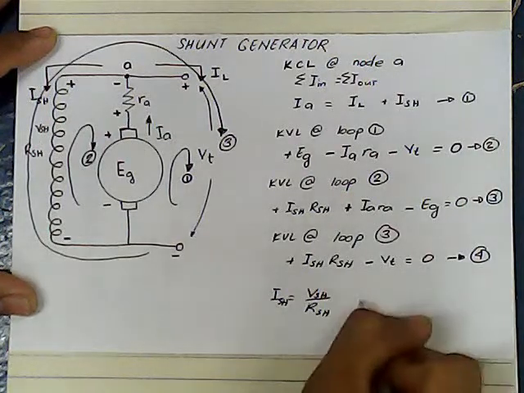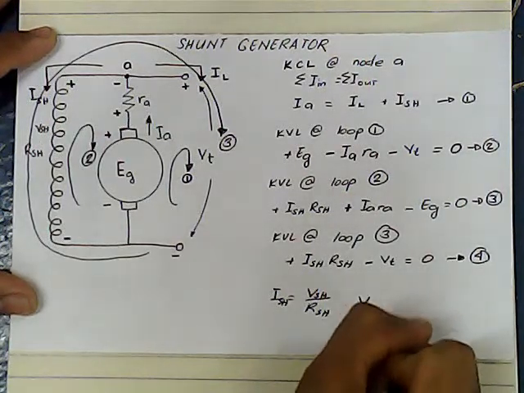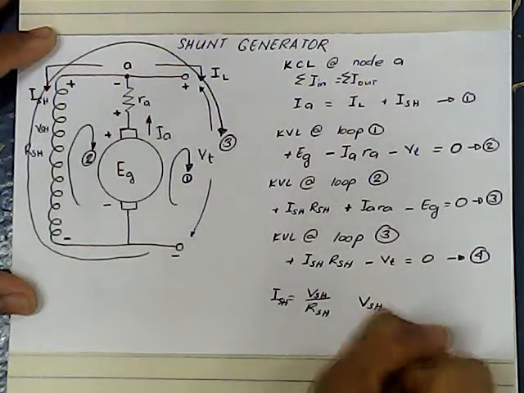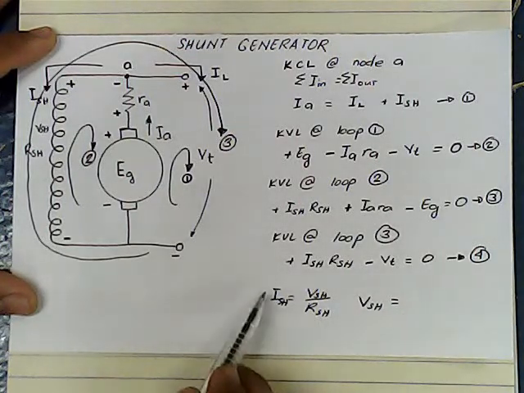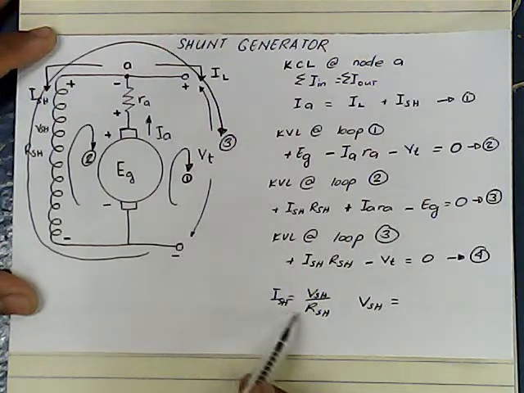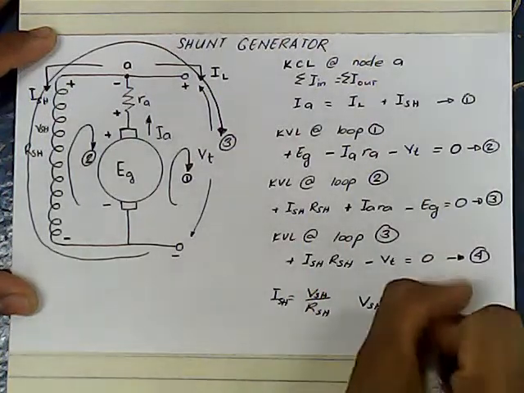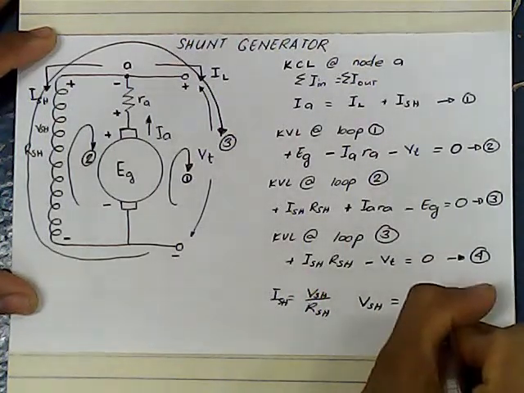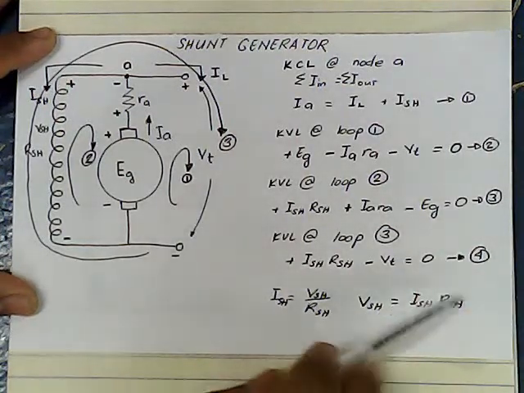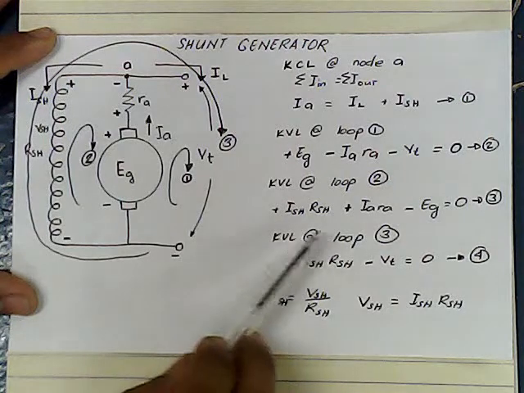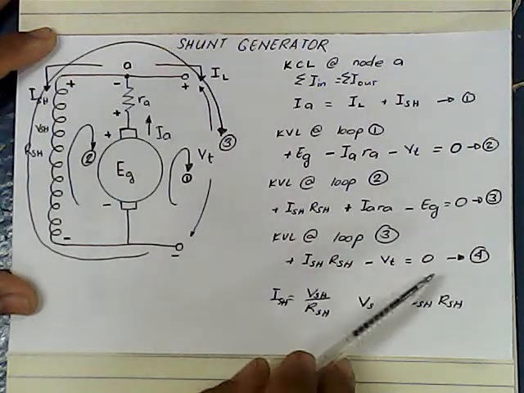Kaya makakakuha din tayo ng equation which is VSH is equal to, na itong RSH, cross-multiply lang natin dito sa kabila. We're going to have ISH, RSH.